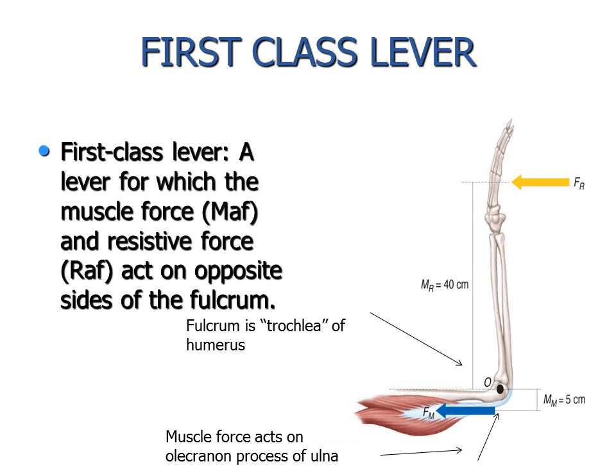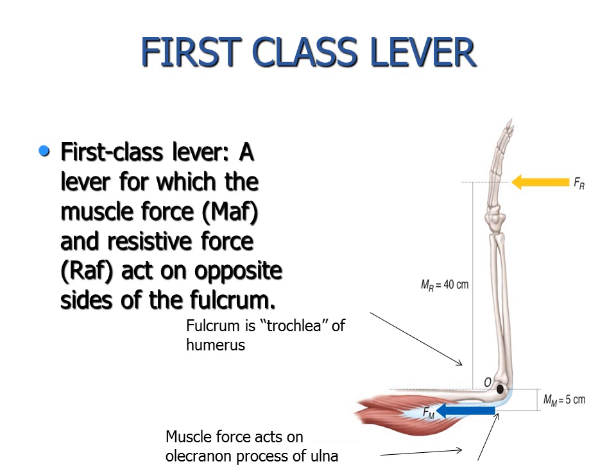Now, the moment arm of the tricep muscle force is approximately 5 centimeters. A 5 centimeter piece of the olecranon process is on one side of the trochlea of the humerus, while the moment arm of the distal part of the ulna is approximately 40 centimeters.